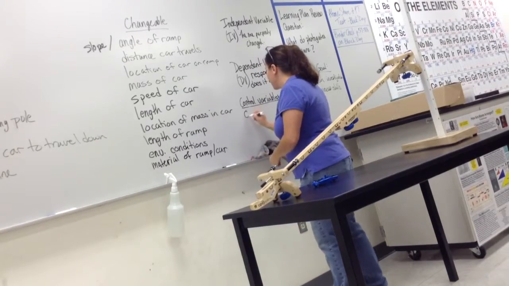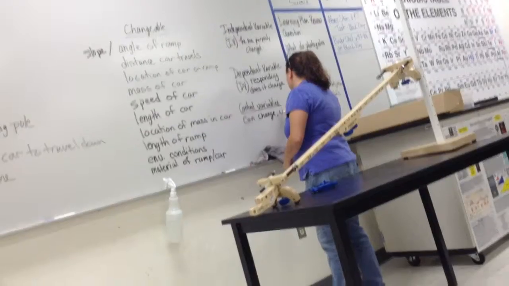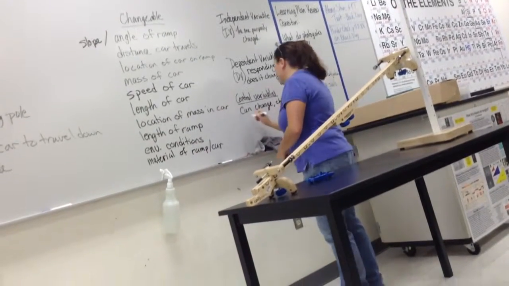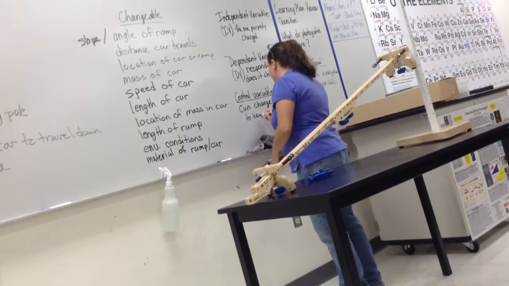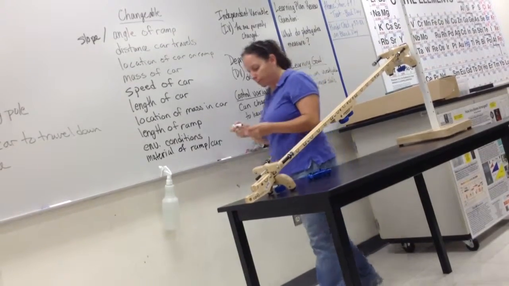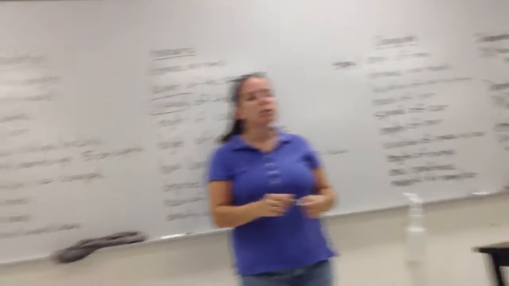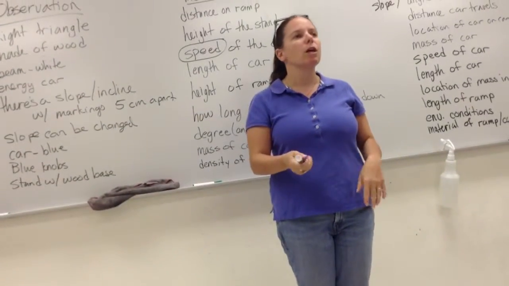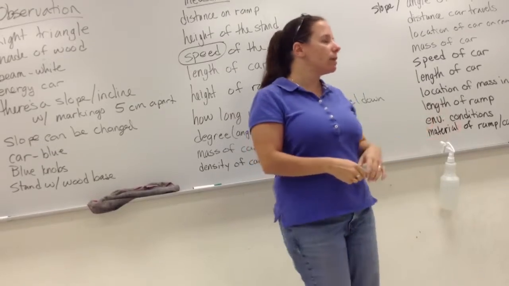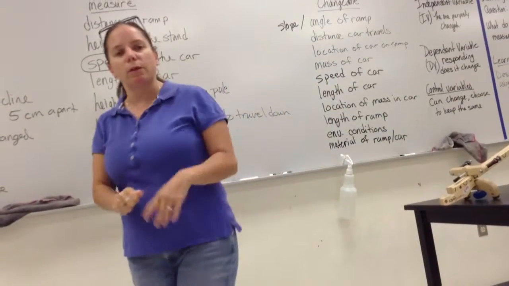So it's something that can be changed, but you choose to keep it the same. All right, so your experiments, and you can stop the video because that's just my intro.